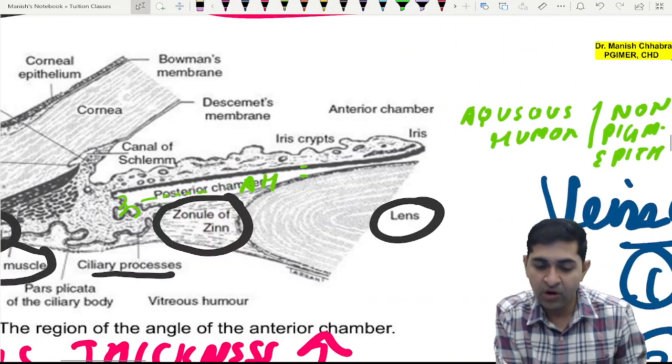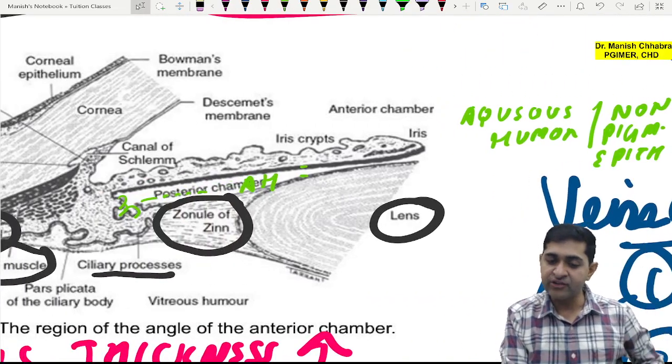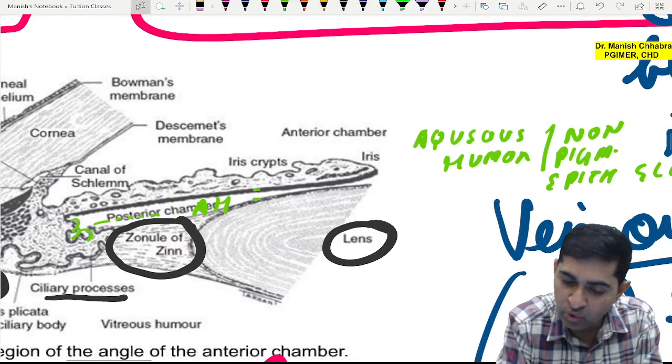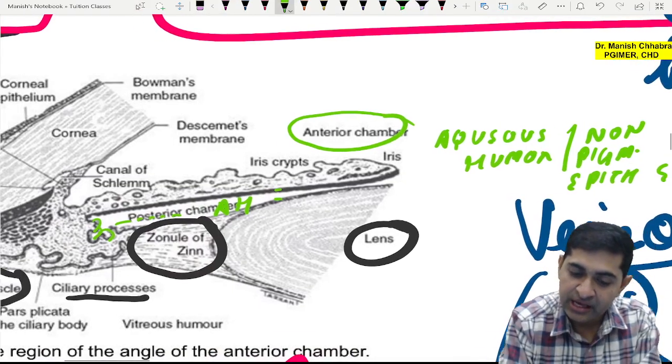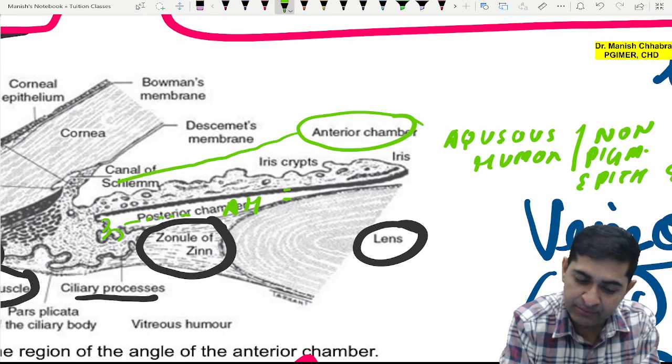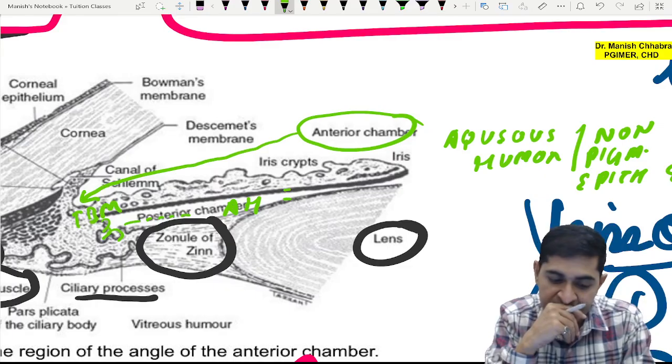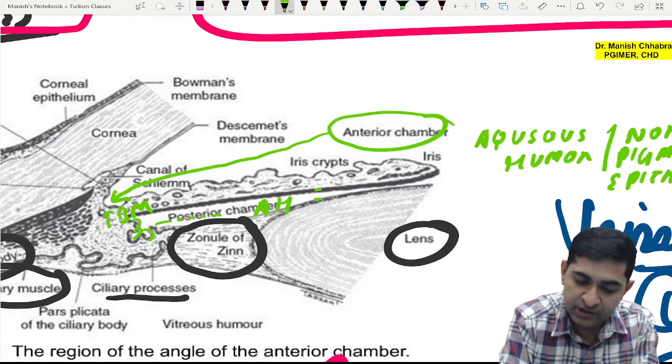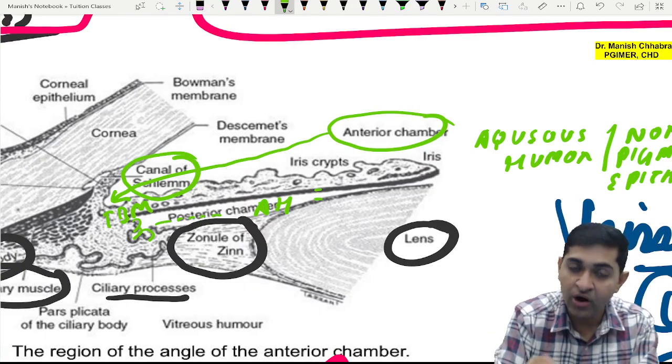So this aqueous humor then goes through the pupil into the anterior chamber. From the anterior chamber it goes into the trabecular meshwork, and from the trabecular meshwork it goes into the canal of Schlemm.